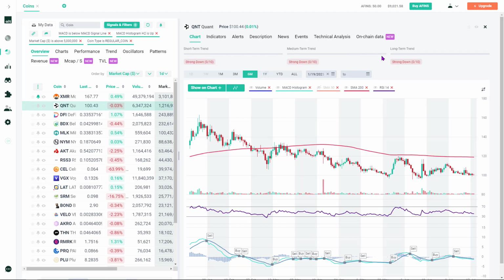If it breaks out bullishly above this descending triangle, then it's likely to retrace back to $120, which is where it was back here in June, right? If it breaks below $100 or so, let's call it $95 or so, then we're in trouble. Then this one is going to go yet lower and continue in its downtrend.